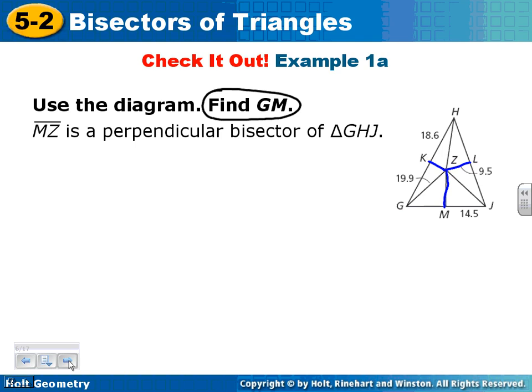Well, GM, which is this length right there, would be the same as 14.5. Because if the right side is 14.5, the left side is also 14.5. So GM would equal 14.5.